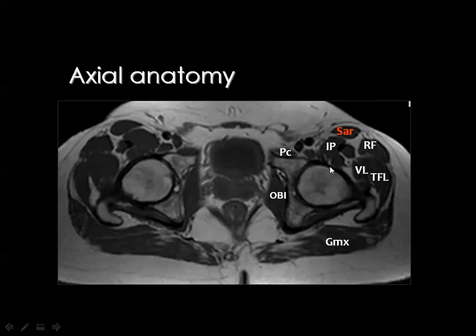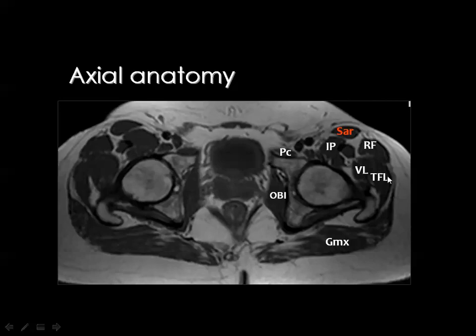And anterior to the hip, you get the pectineus muscle, and this is one of the important muscles, the iliopsoas, which is located just lateral to the femoral vessels. And then lateral to the iliopsoas is the rectus femoris, and anterior is the sartorius, and then you got the tensor fasciae latae and the vastus lateralis.